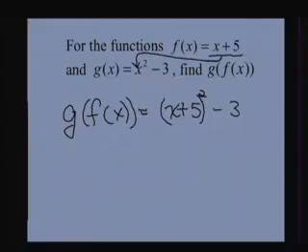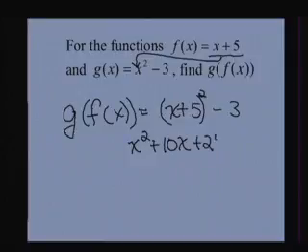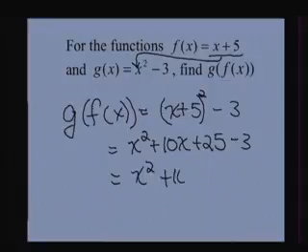We can expand the x plus 5 squared as x squared plus 10x plus 25 minus 3. And then we can combine the 25 and the minus 3 to get x squared plus 10x plus 22, and that would be our final answer.